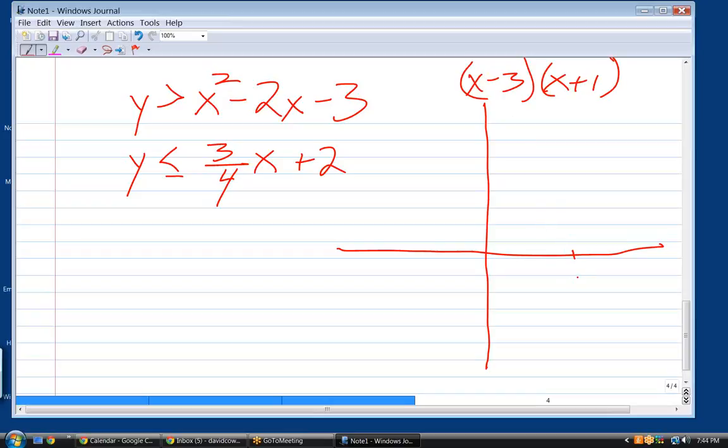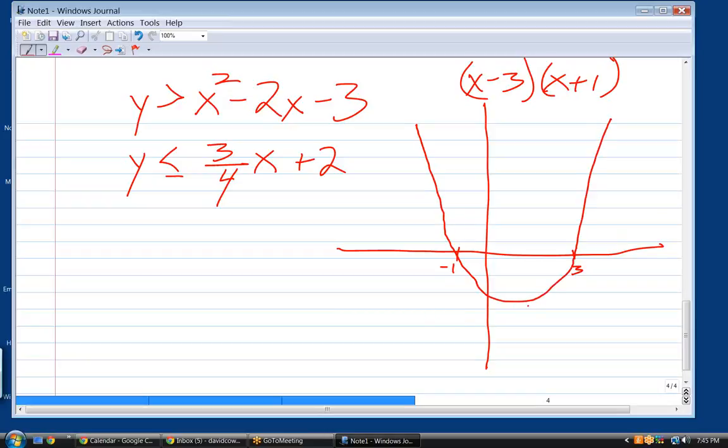In other words, I know that that parabola is going to go through that, and it's going to go through that point. Well, that tells me quite a bit about how to graph it. I know it opens up, and so it's going to look something like this.